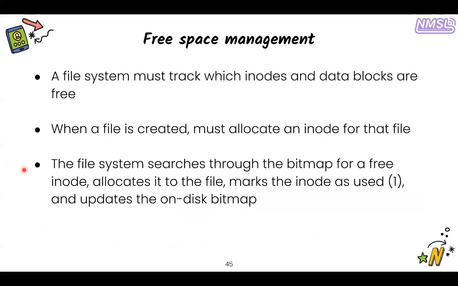So the file system will have to search through the bitmap for a free inode. Then you allocate it to the file. Then you have to mark the inode as used. And you also have to update the bitmap, right? So there are many things you need to do to actually manage the free space and create files.